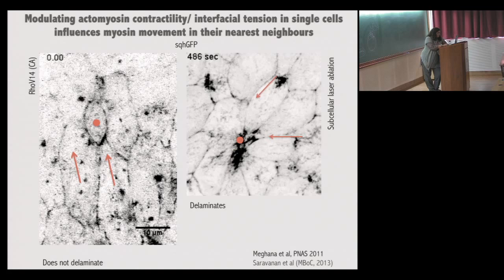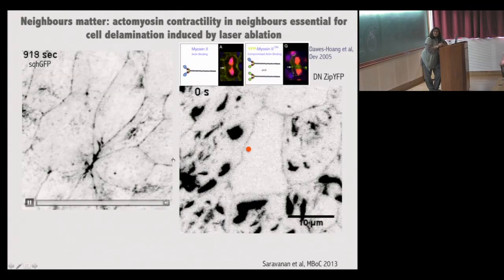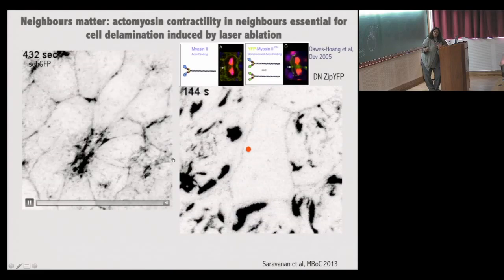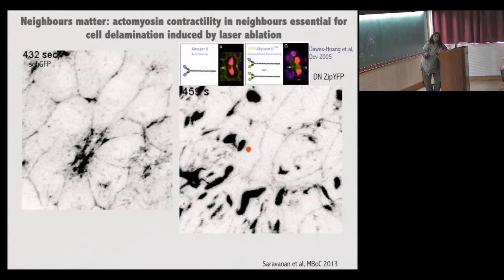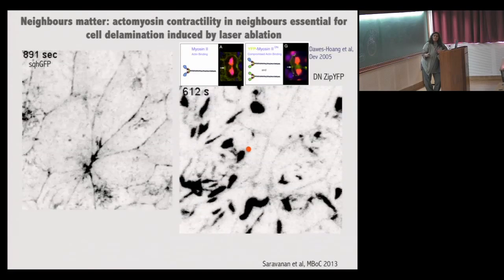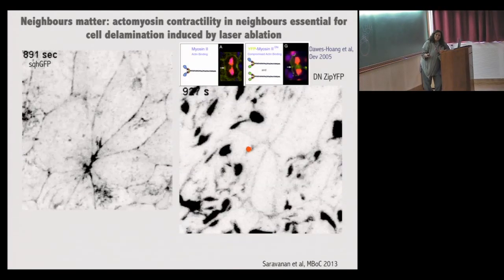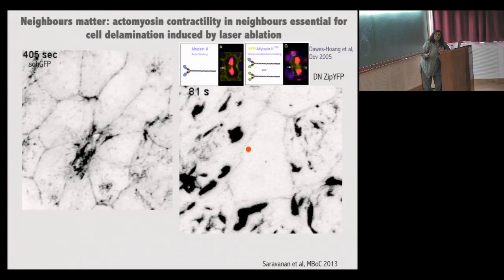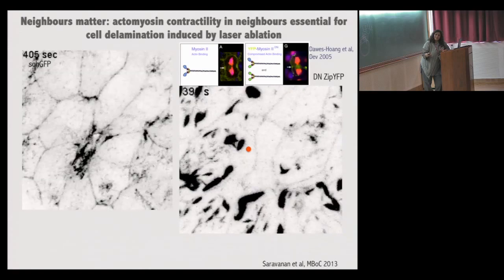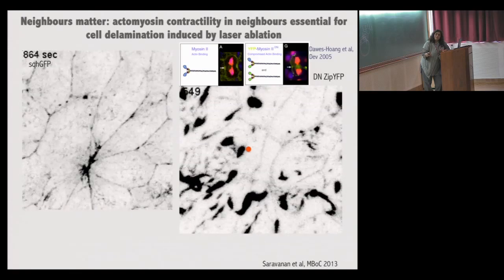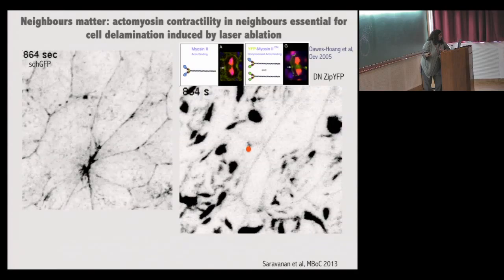And what I was going to show you in this next slide was that in the same kind of experiment involving laser ablation, if you ablate a normal cell that's surrounded by neighbors that cannot generate forces by actomyosin contractility, the ablated cell begins to expand, then it constricts but is unable to complete this constriction, then starts to expand again.